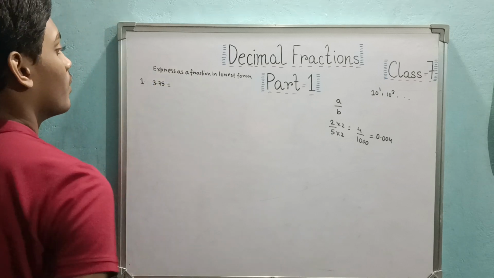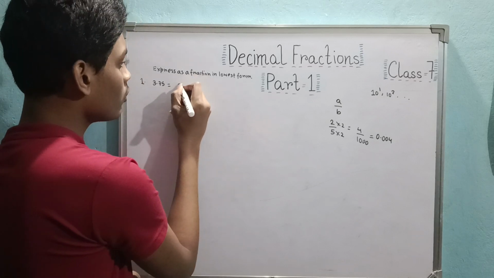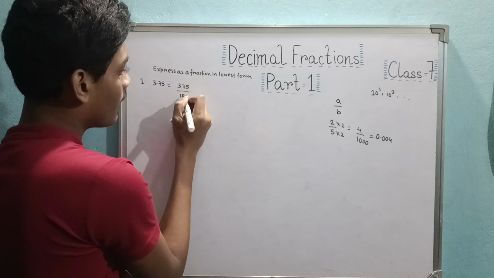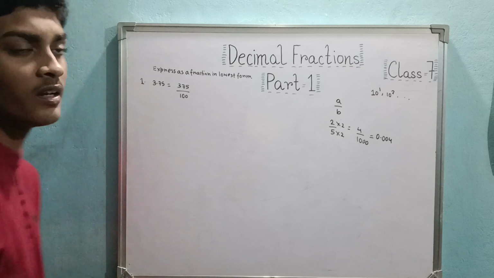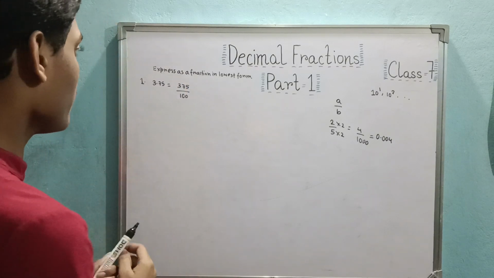Now see, after the decimal point, 2 places are there. So 2 zeros, that means 375 by 100. You understood that? The number of zeros is equal to the number of places after the decimal point. That's the relation.